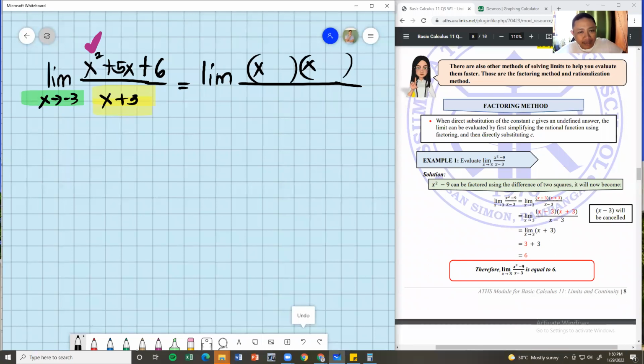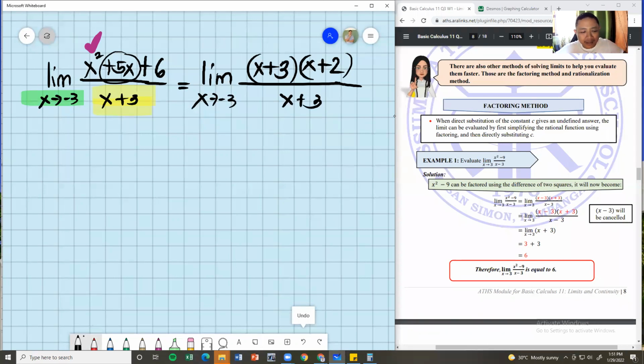When we combine them or when we do the checking process, we will end up with 5x. What are those? So we have 3 and 2, correct? What should be their signs so that we will end up with positive 5x? They should be both positives, correct? Positive and positive. Okay, and then the rest copy. x plus 3 as x approaches -3.